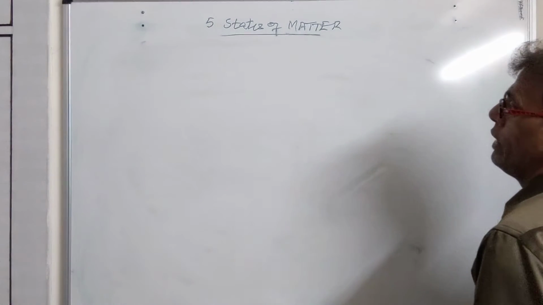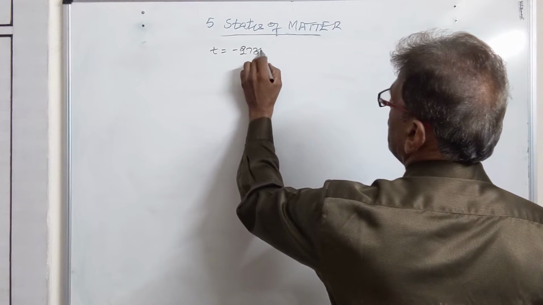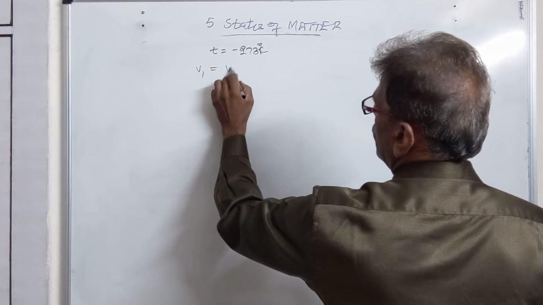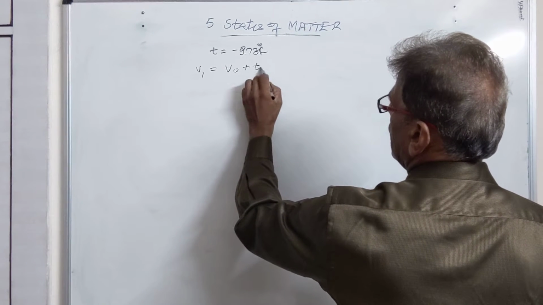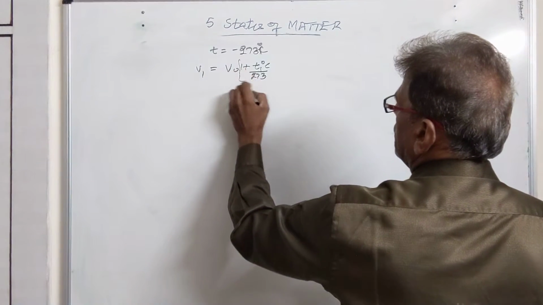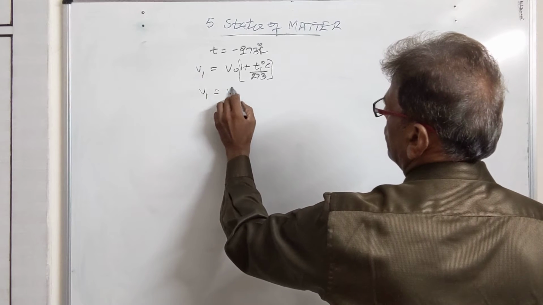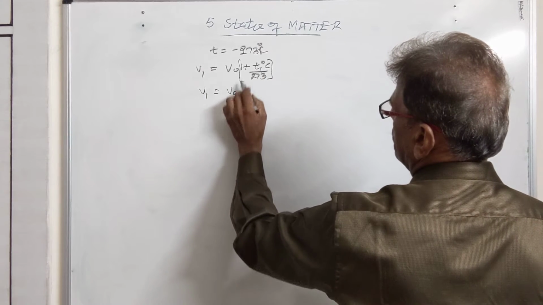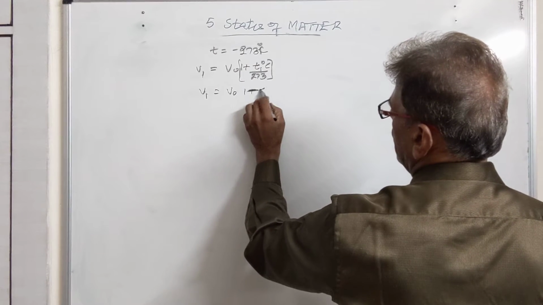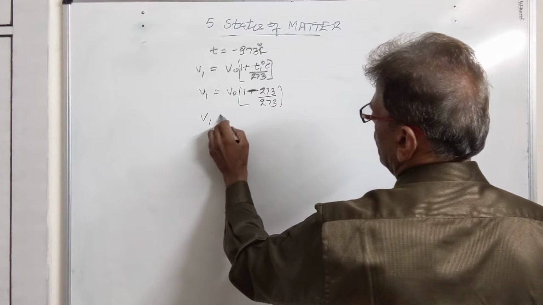So let us calculate this, and the temperature in that case should be minus 273 degrees centigrade. So let us take Charles' law, V0 times 1 plus T1 degree centigrade upon 273. Now we put the value of temperature, that is 1 plus minus 273 upon 273. So this will be equal to 0.